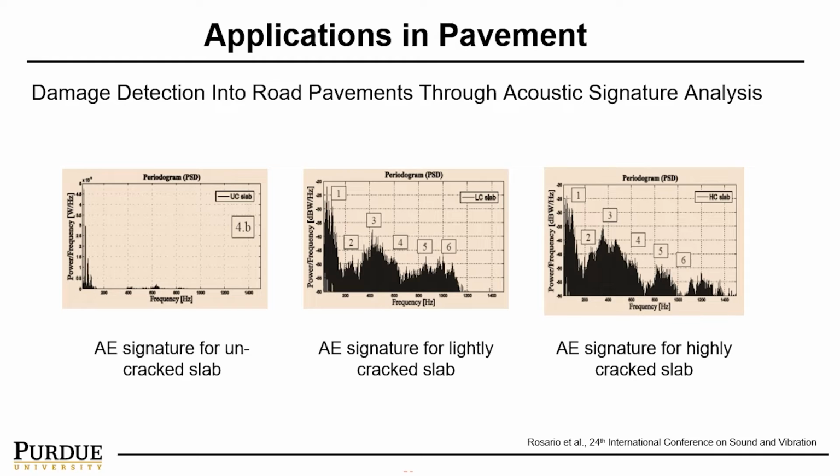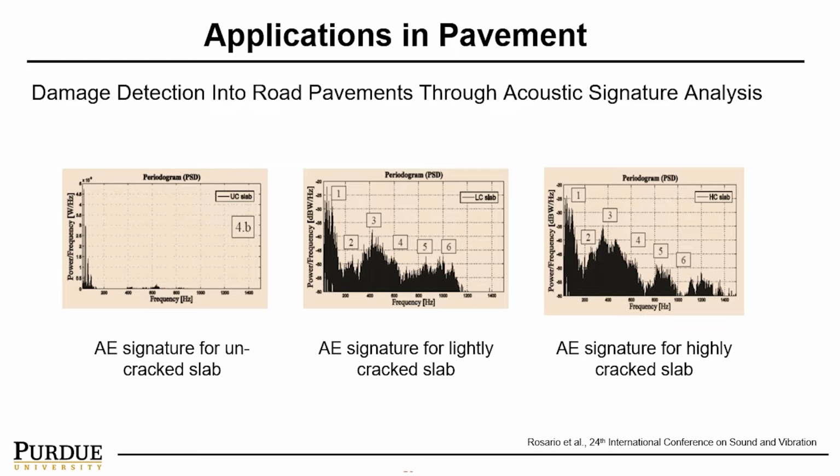Here is the application of how we use acoustic emission methods to detect cracks in the slab for asphalt pavement. So here is the damage detection for the uncracked slab.